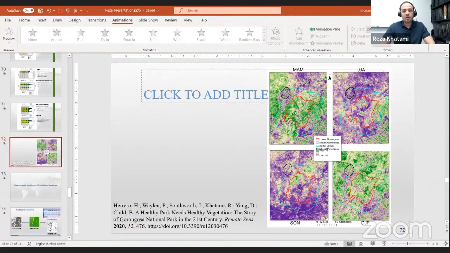But yes, there are some new works on deep learning and they showed promising results. But if you see, most of the publications are applied on very small areas because deep learning requires a large number of sample data. And also, for deep learning to be more useful, you need a lot of contextual information.